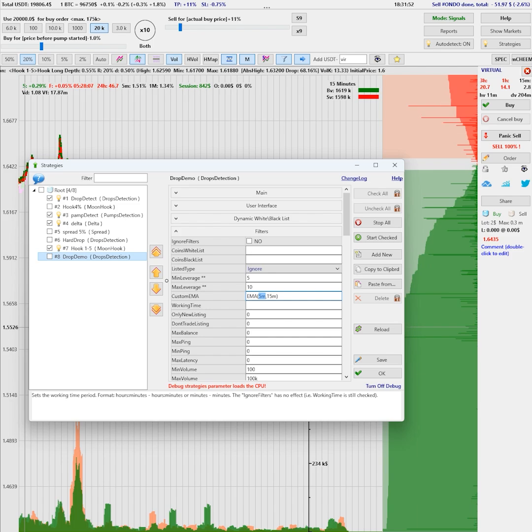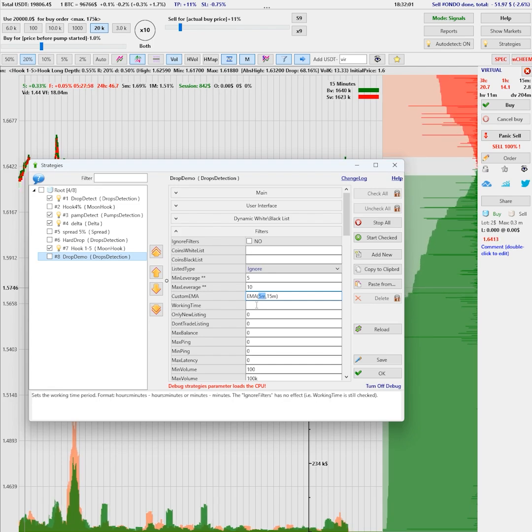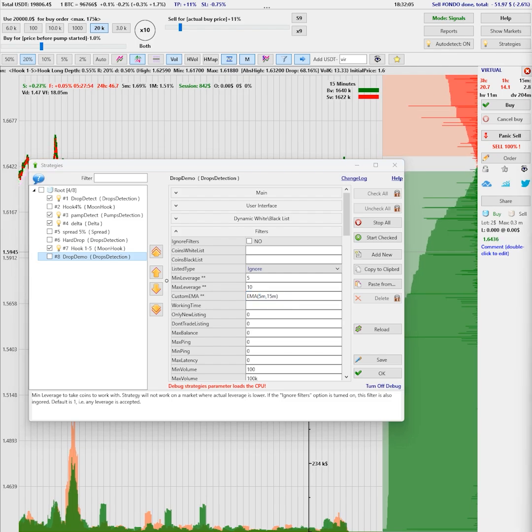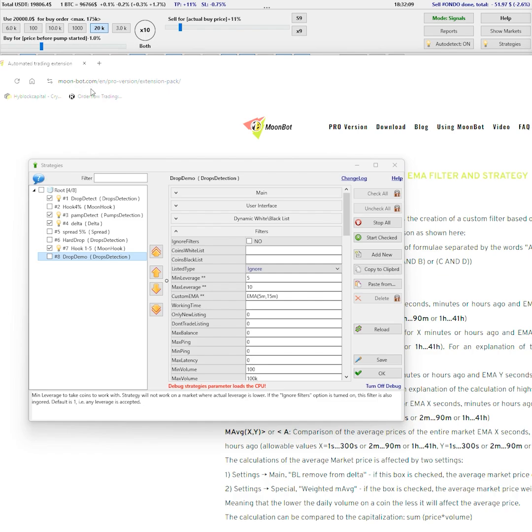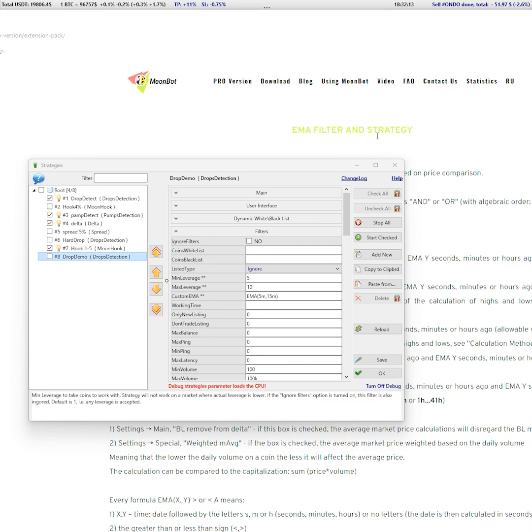But the Moonbot website will be able to tell you that for sure. Essentially, it is going to compare that to the 15-minute EMA. As I just said about the Moonbot website, you can go into this moonbot.com pro version extension pack, and then you will see the EMA filtering strategy.